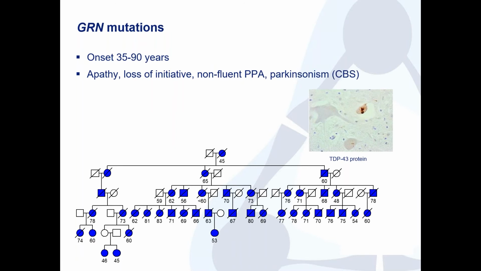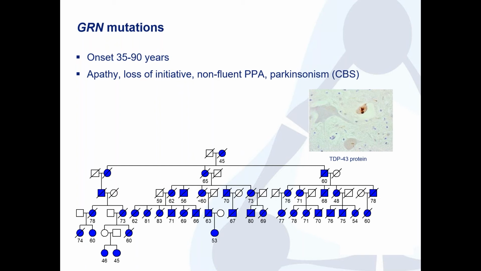Then the mutations in the progranulin gene have a much wider range of onset age, ranging from about 35 to up to 90 years of age. Clinically, most also have a behavioral variant of FTD, but mostly with apathy and loss of initiative. Some patients have a non-fluent form of primary progressive aphasia.